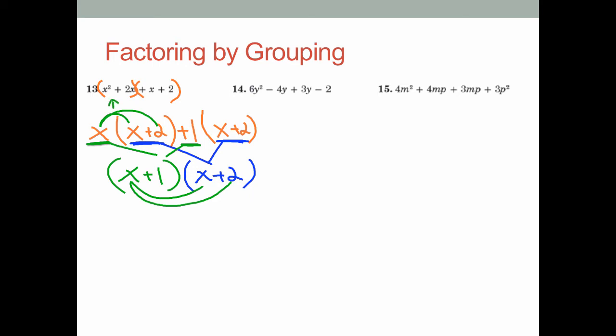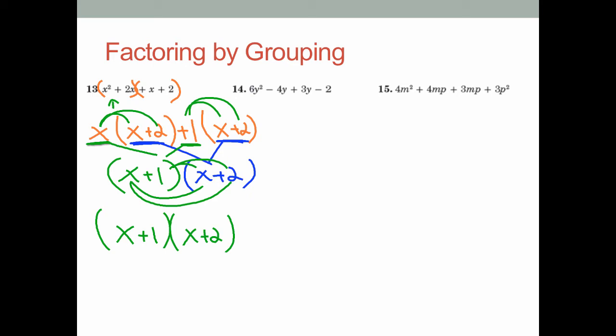And I would also do the 1 times the x and the plus 2, which is the same thing as doing this. So really, I am still undistributing that result. Only now factoring is working the opposite of what we've been doing before. So my final factored form would be x plus 1 and x plus 2. And that would be how I would leave it.